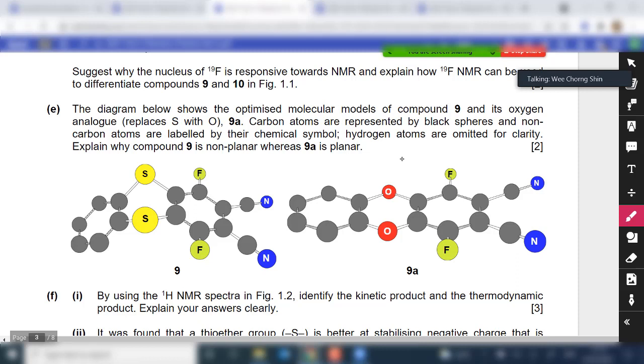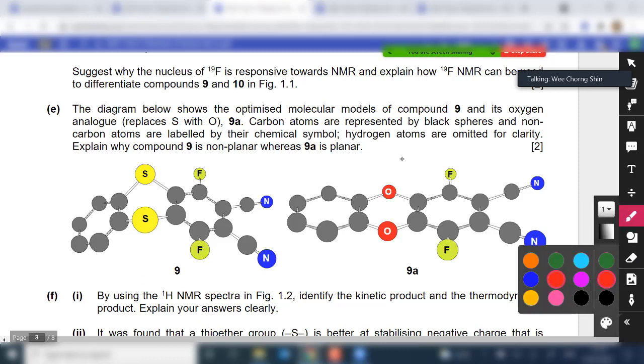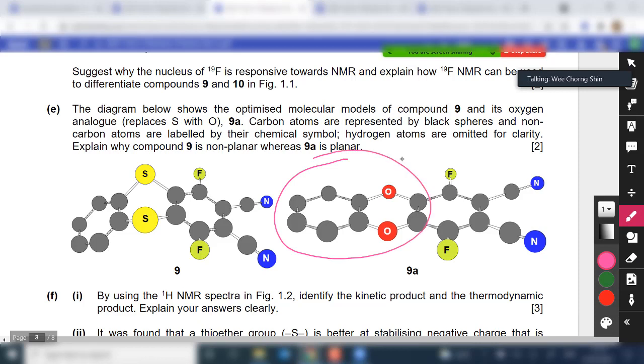That's because the O is so-called sp2 hybridized. So in that case, I think this particular diagram showcases it entirely well. Because it's planar, we say that the lone pairs here delocalize on both sides.